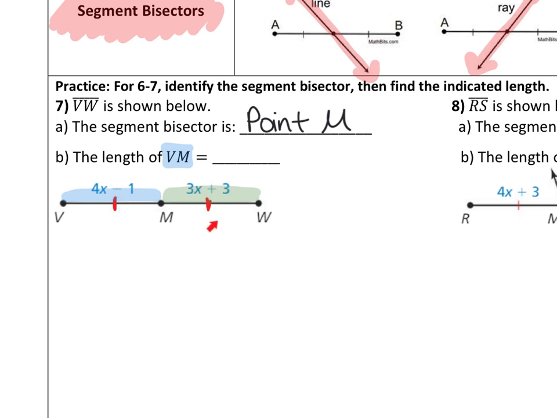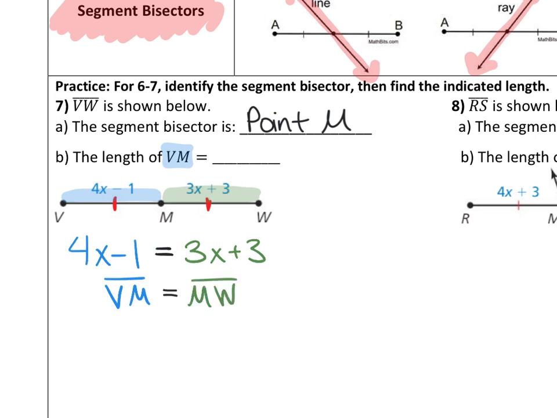However, now that we know they are equal because of the little tick marks, what we can do is just say that the blue is exactly equal to the green. And we know this because we know that VM, the length of VM, is equal to the length of MW, since it's a midpoint, cuts it in the middle.